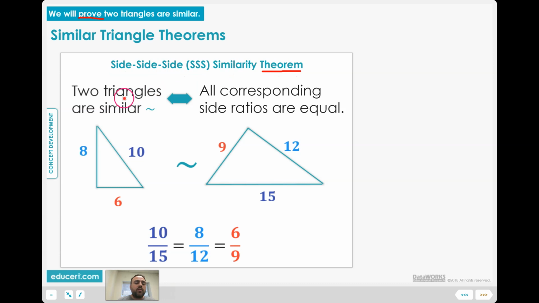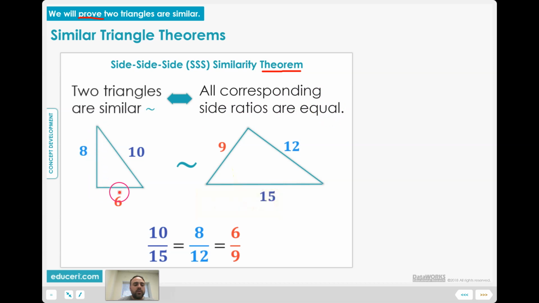So let's go ahead and read our statement. Remember, the double arrow in a theorem stands for the phrase "if and only if." Let's read. Ready? Read. Two triangles are similar if and only if all corresponding side ratios are equal.